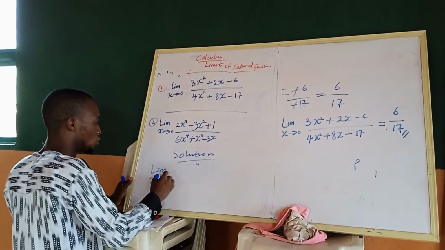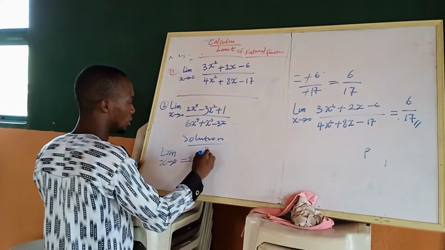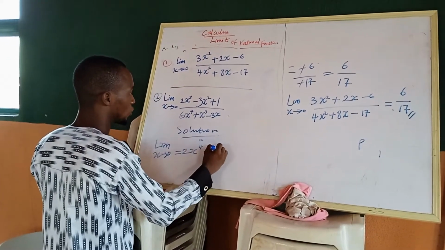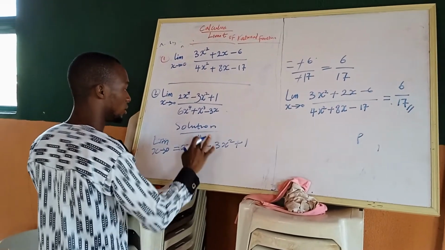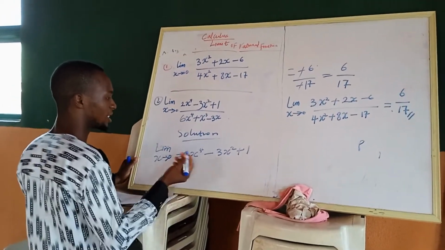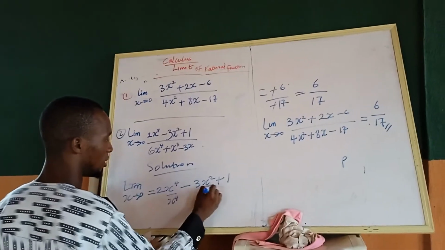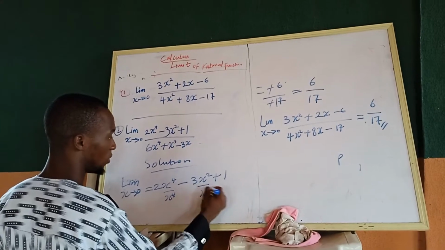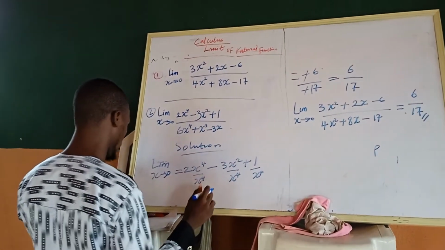We say limit x tends to 0 of (2x⁴ - 3x² + 1) over (6x⁴ + x³ - 3x). In this aspect, we divide everything by x⁴, dealing with the numerator first.